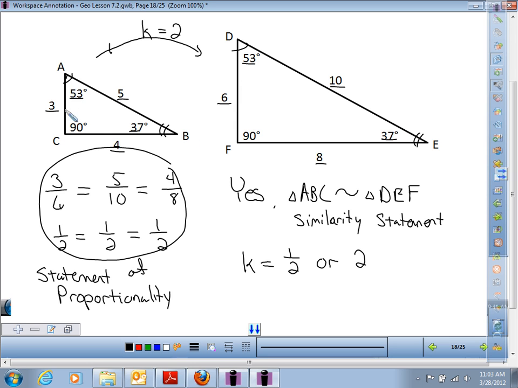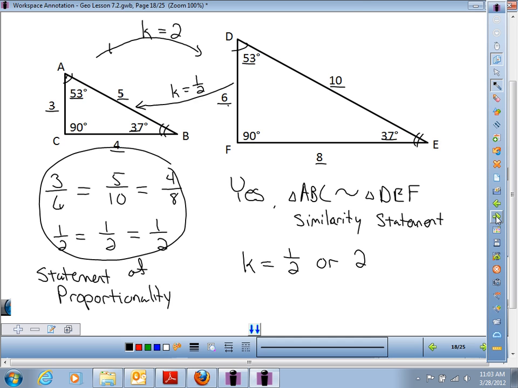The angles stay the same. 3 times 2 is 6. 5 times 2 is 10. 4 times 2 is 8. Now, if you go backwards, if you go from the big guy to the small guy, the scale factor is going to be 1/2. Meaning 6 times 1/2 is 3, 8 times 1/2 is 4, so on and so forth. So that's how that works. So you actually have 2 scale factors. And we found those over here with our statement of proportionality. And then this is our similarity statement.